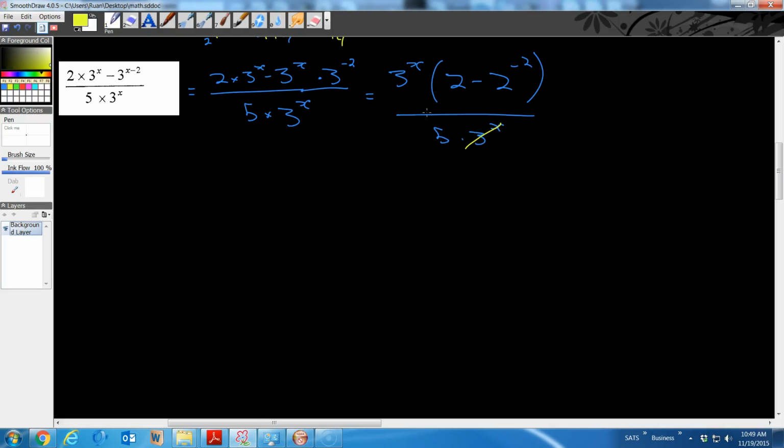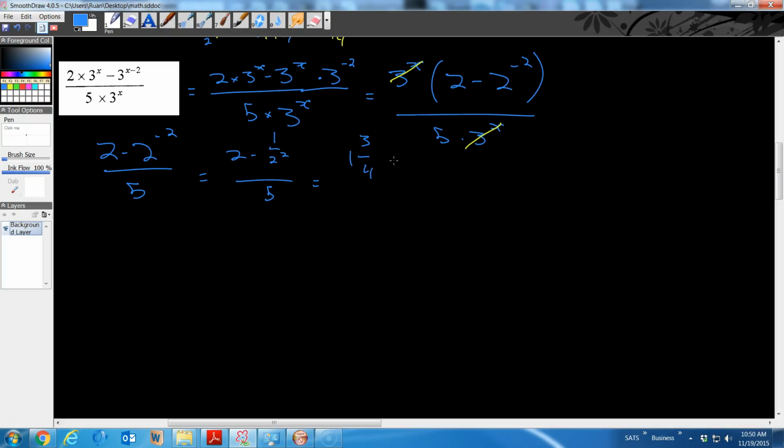So now you should notice immediately that cancels with that. So you've got 2 minus 2 to the negative 2, over 5. And now we could worry about the value of this. 2 to the negative 2, that just means it goes to the bottom, right? So you've got 1 over 2 to the 2, over 5. You've got 2 minus a quarter, basically, which is 1 3/4.